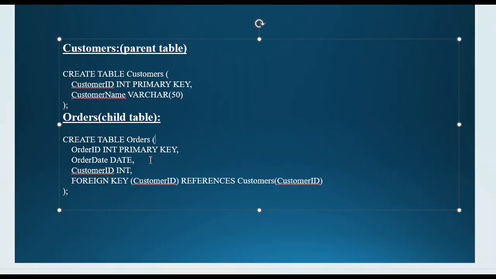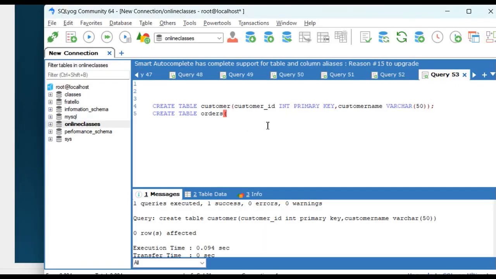Here we have order ID, order date and customer ID. Order ID is integer data type and the primary key, then order date, and then we have to create the customer ID, which is integer data type.